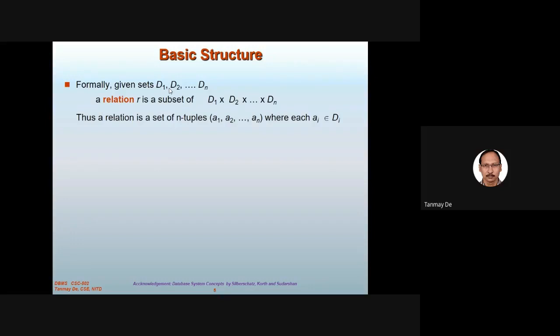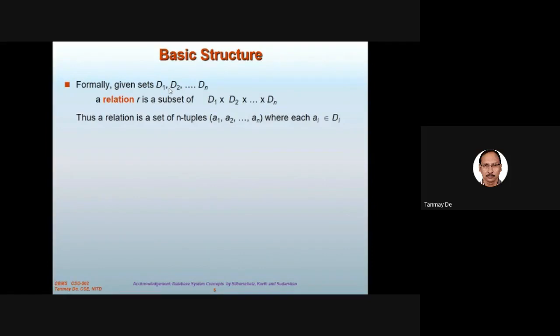A row in a table represents a relationship among a set of values, and since a table is a collection of such relationships, there is a close correspondence between relationships and tables.